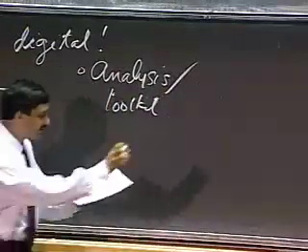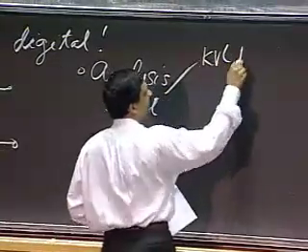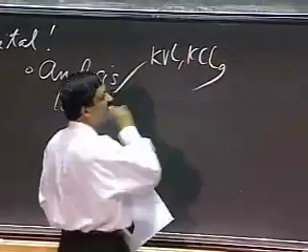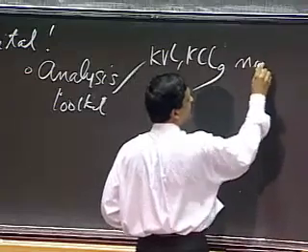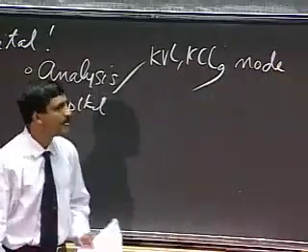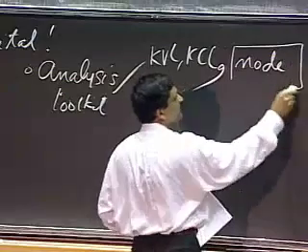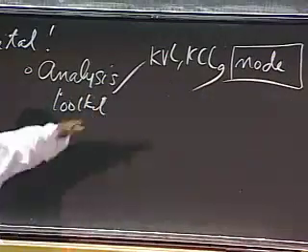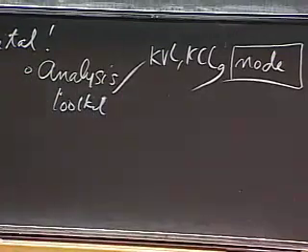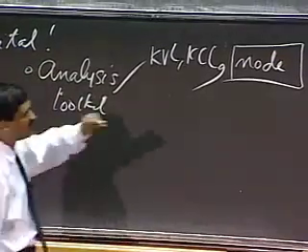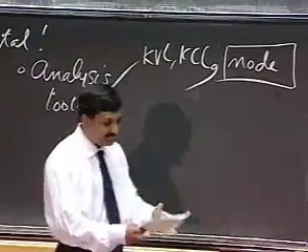So a set of methods. We looked at the KVL, KCL method. Another example of a method we looked at was the node method. Of this category, there's one method you should remember, which you can apply to every single circuit and it will simply work: the node method. Okay?